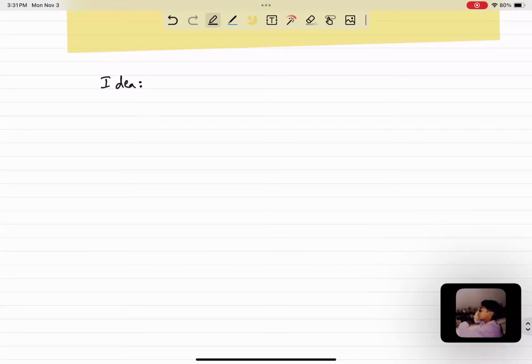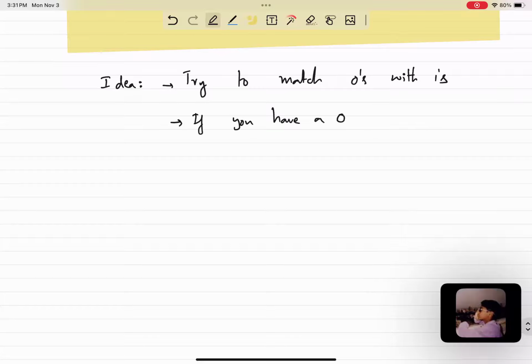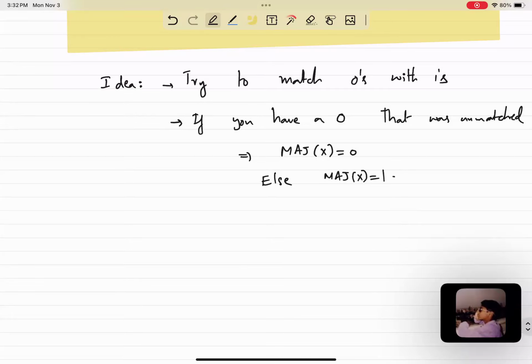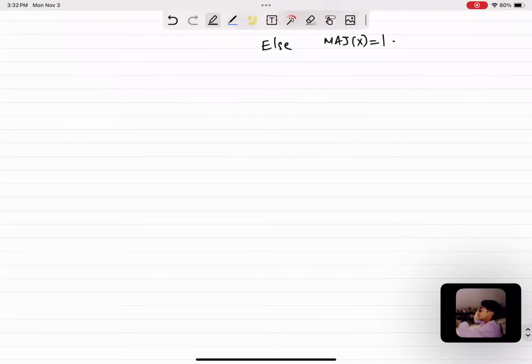So we try to match zeros with ones. And if you have a zero that was unmatched, that implies majority of x is 0. Otherwise, majority of x is 1. That's kind of the high level picture.